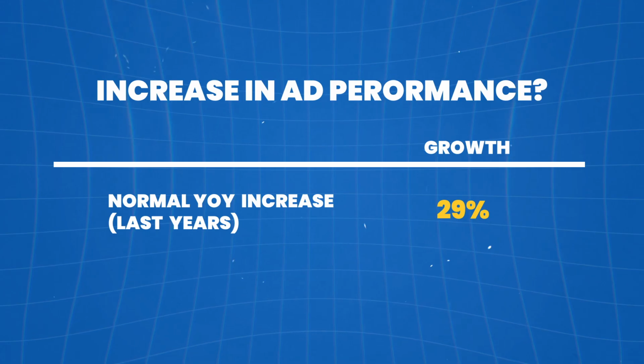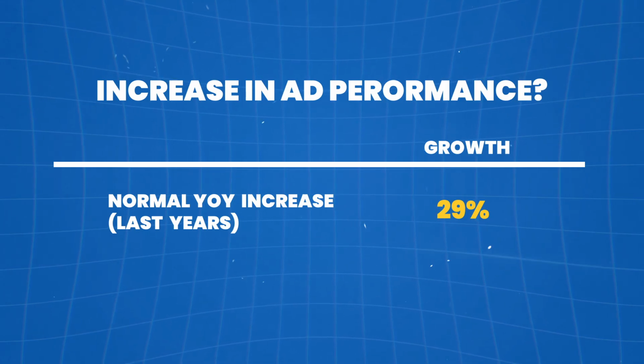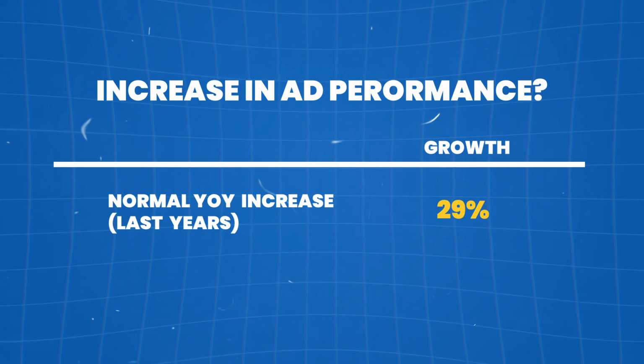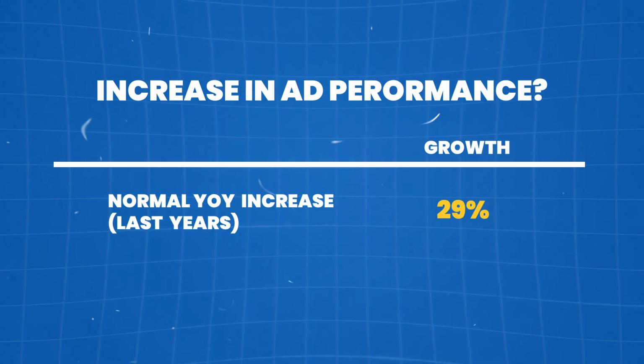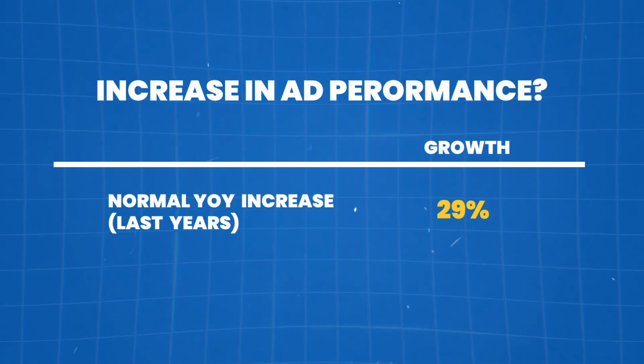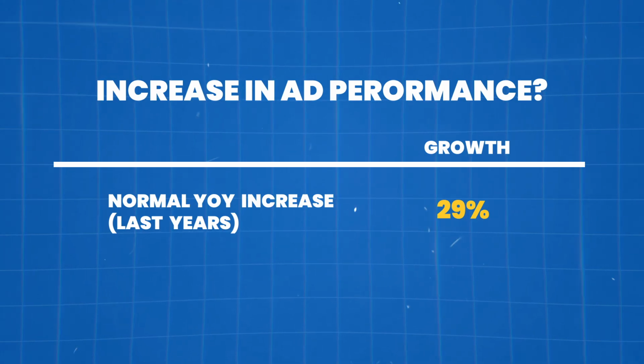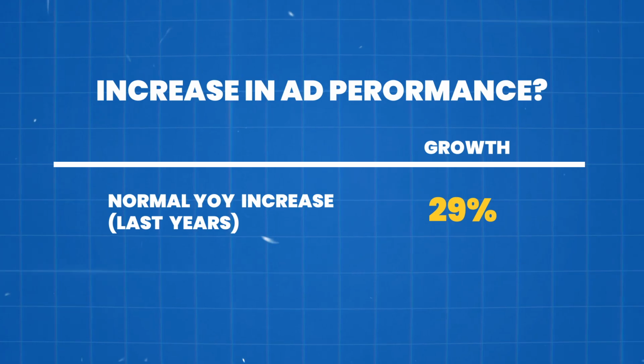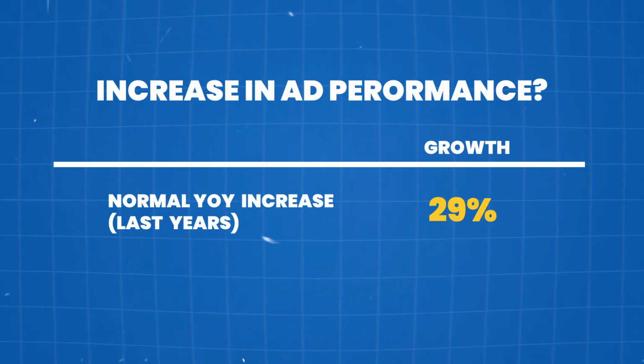This is a pretty mature company. I've already been working with this client for over 7 years now. Last 2 years, our average year-over-year increase in sales was 29%. So we were, in other words, getting 29% growth in our overall company revenue on average the last 2 years.